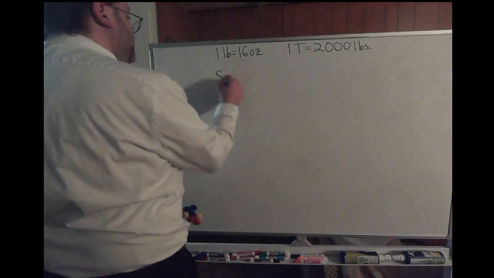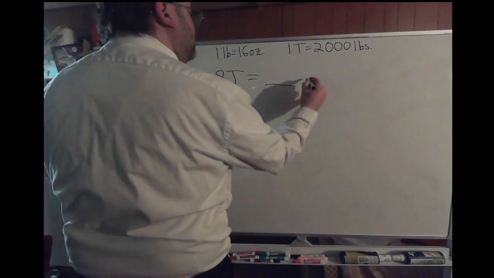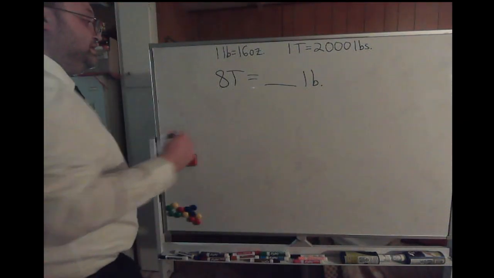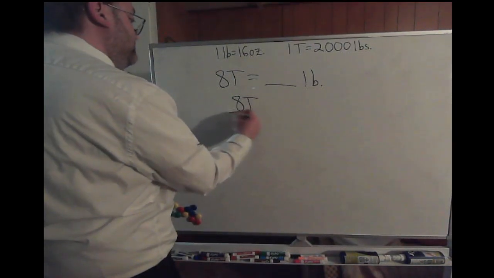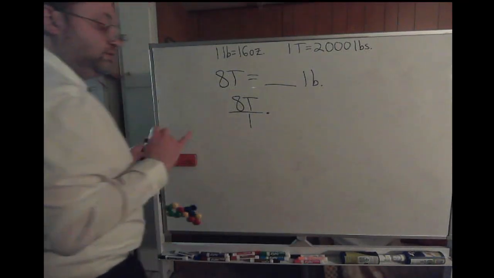Okay, let's say now we have 8 tons. We want to convert 8 tons to pounds. So how many pounds is 8 tons? Well, you'll start with your 8 tons over some guiding one. Now we want the tons to cancel out.